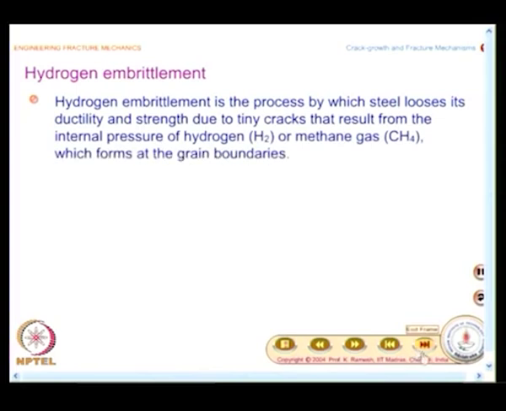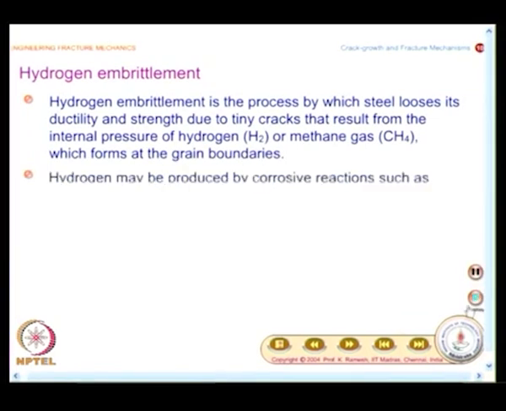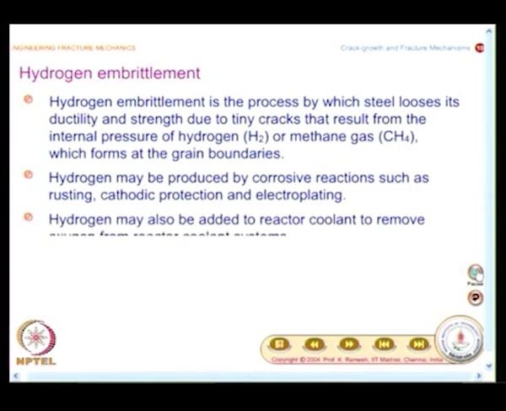The next process is hydrogen embrittlement. This is another possibility by which the cracks can grow due to stress corrosion cracking. And what you find is hydrogen embrittlement is the process by which steel loses its ductility and strength.